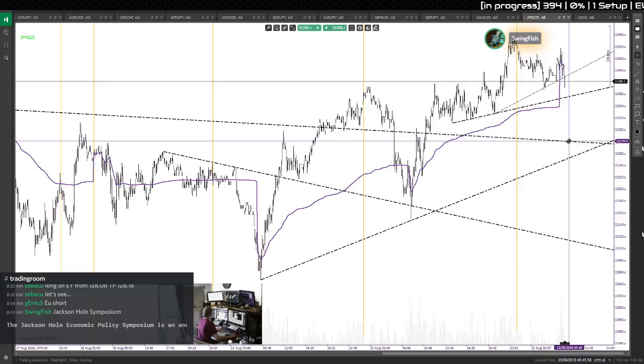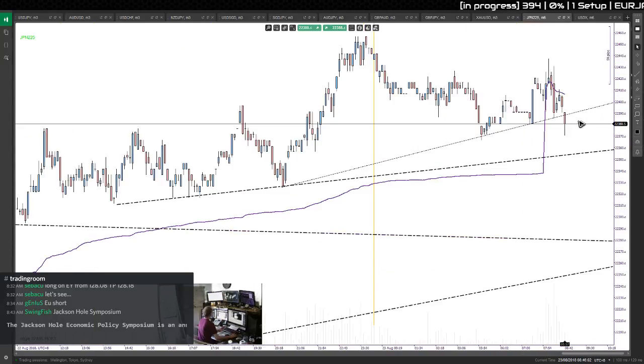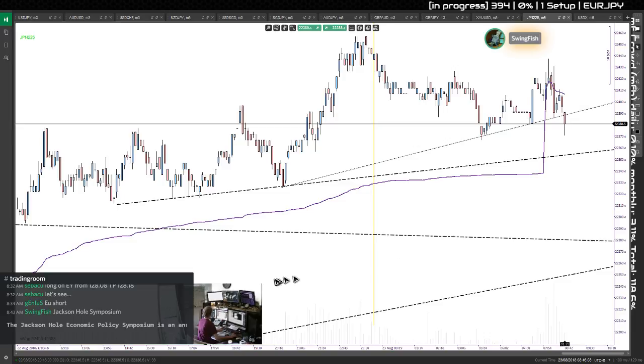That is very far. 280 maybe. Both very far. Euro-yen is toast.